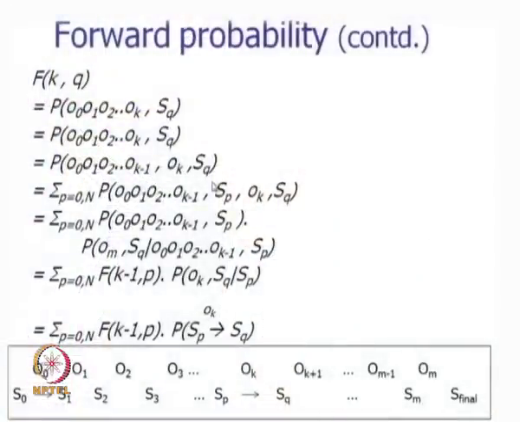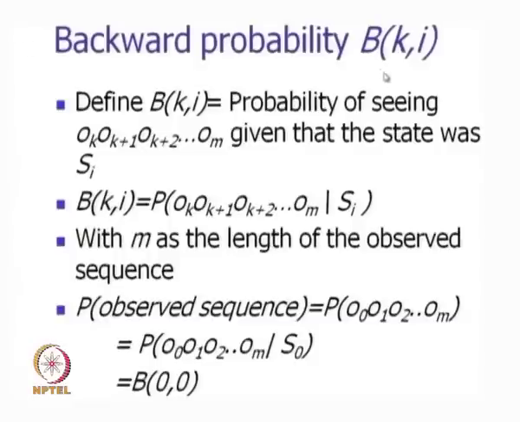Now, we move on to the complementary probability, which is called the backward probability. Backward probability, we call it B k i. Look at the slightly different definition of B k i.